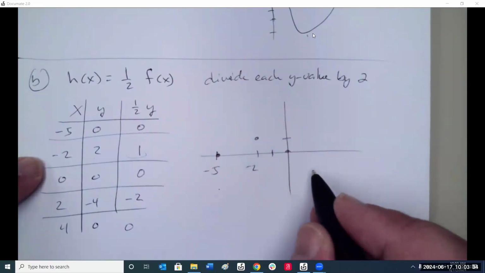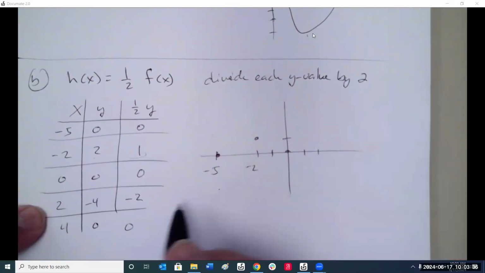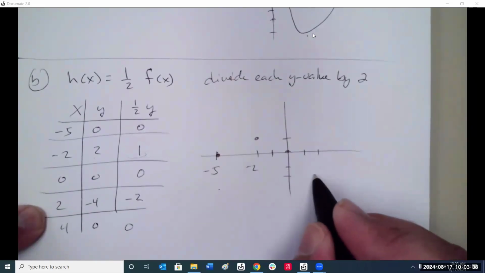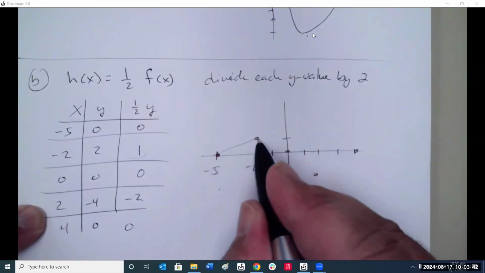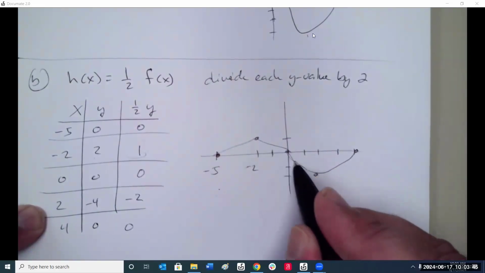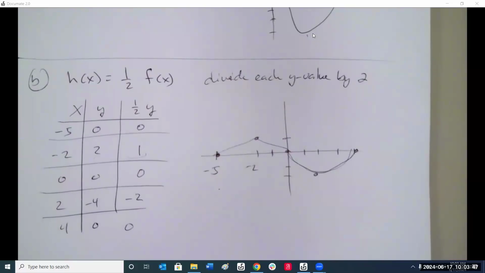At 0, 0. At +2, it's now -2. And at 4, it's 0. So what did it do? It vertically shrunk it. It compressed it.